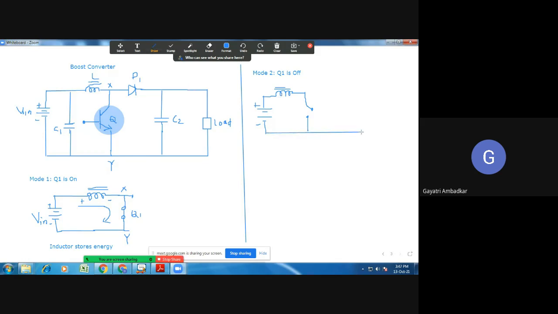Let's complete this. Then there is a diode. So further, there is a diode.